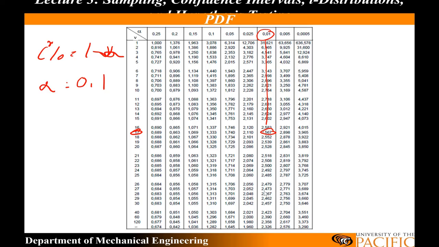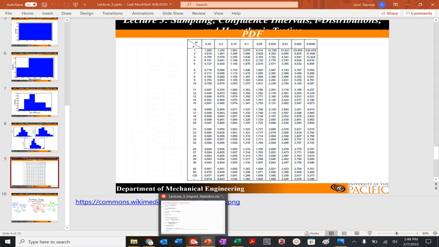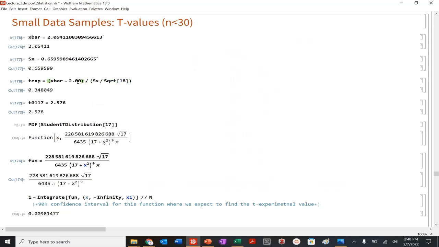So let's see what this gets me. It should be 2.567. Where does 95% of my data fall? My student t distribution, I give it my degrees of freedom, 17, so my nu value.